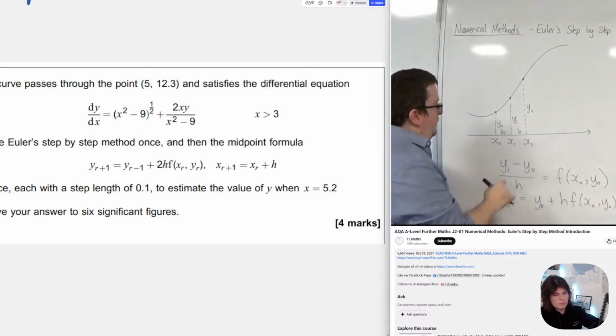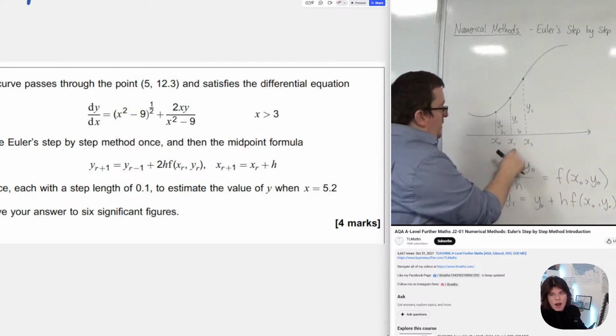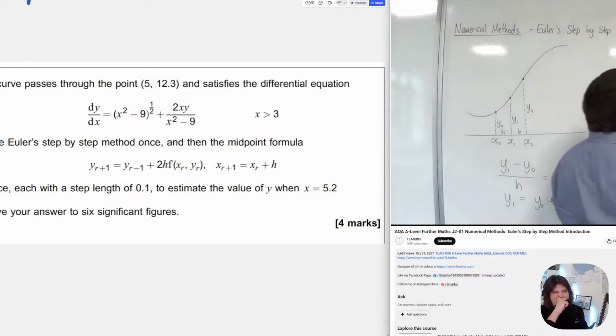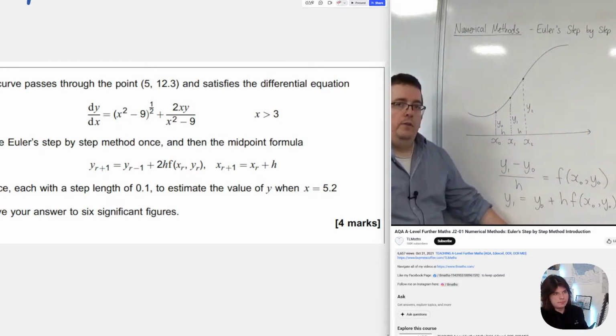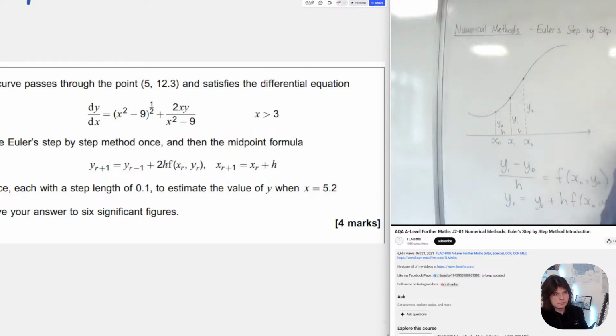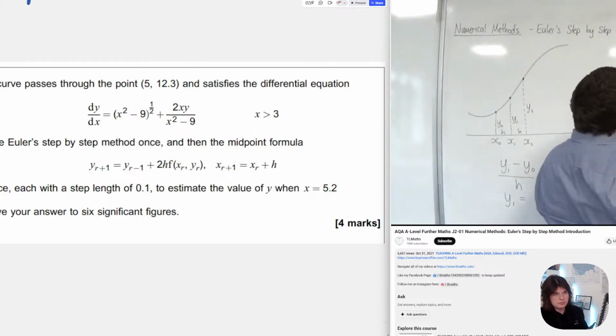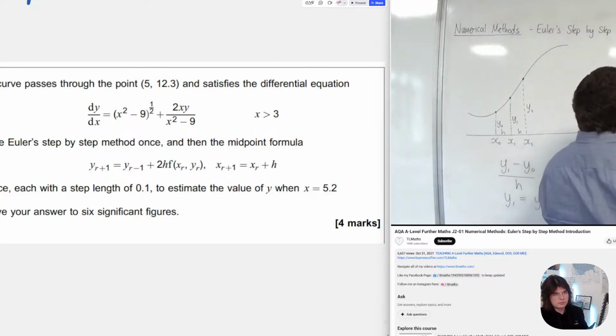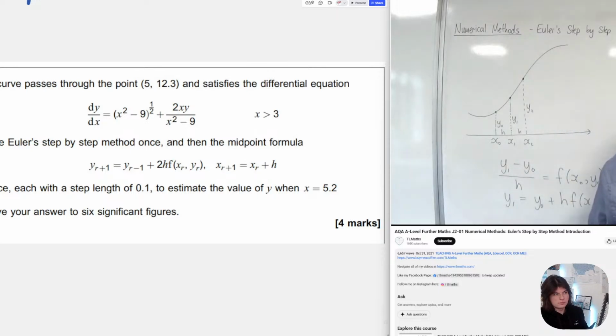So all that's saying is that to get x1, I need to do x0 plus h. And to get x2, I need to do x1 plus h. So we've done it for the f of x, y's. It's exactly the same derivation for this one as well. Now, just to make it clear that it's a different looking formula, the formula booklet uses n, so yn plus 1, but that's fine, it doesn't matter.